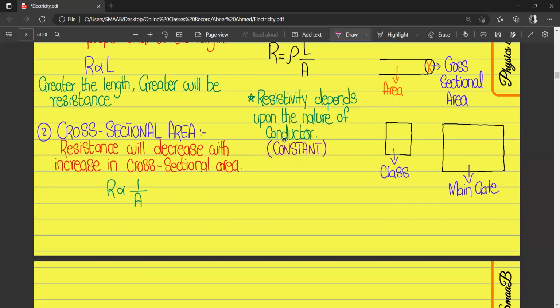So we can write that resistance will also increase with increase in temperature, right?